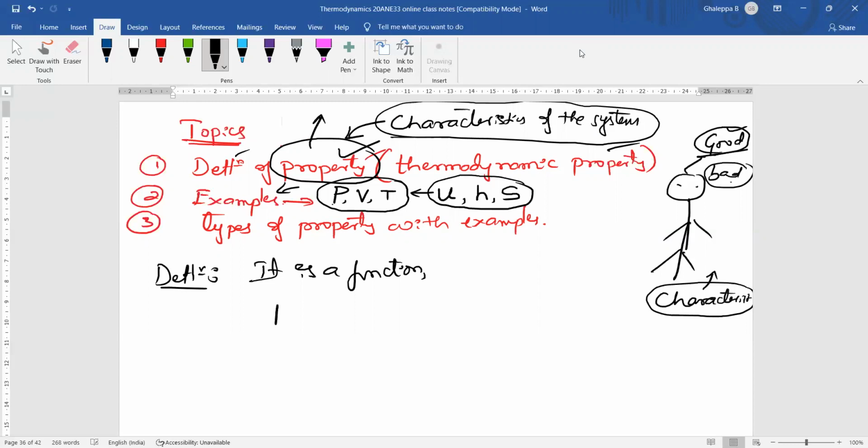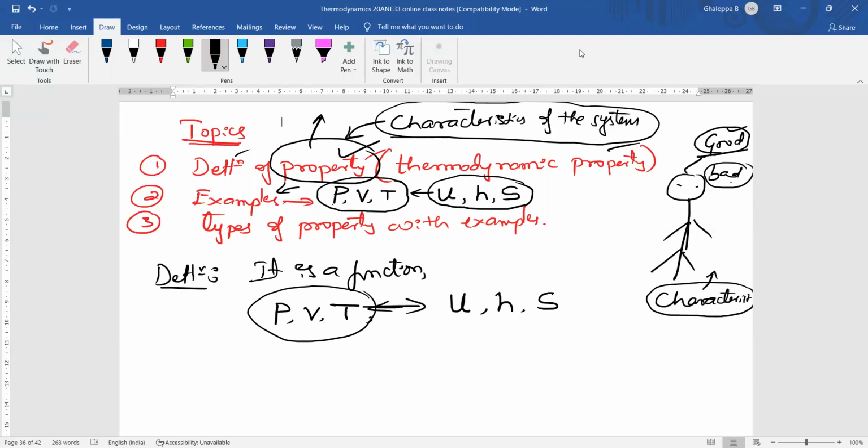Pressure is one property, volume is a property, temperature is a property. These are the basic properties. Using these, we'll derive internal energy U, enthalpy H, entropy S.